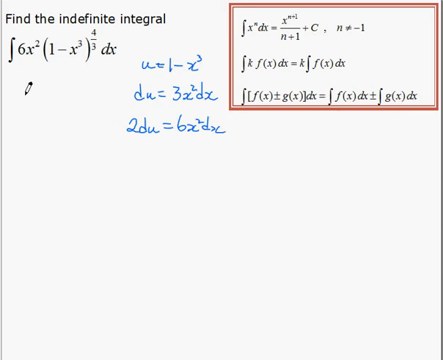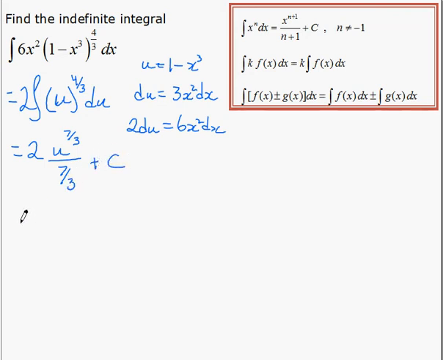Now making the substitution in our question gives us the integral of 1 u to the 4 over 3. 6x squared dx becomes 2 du, so we stick 2 out front using rule 2, put the du, integrating gives us 2 u, add 1 to 4 over 3 is 7 over 3, over 7 over 3, plus a constant.